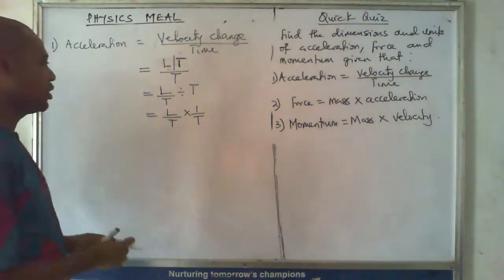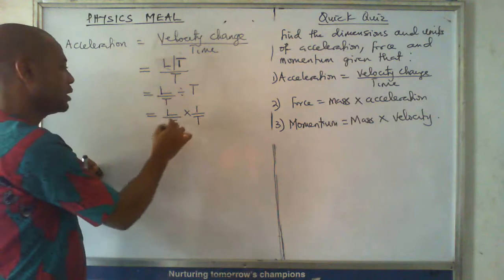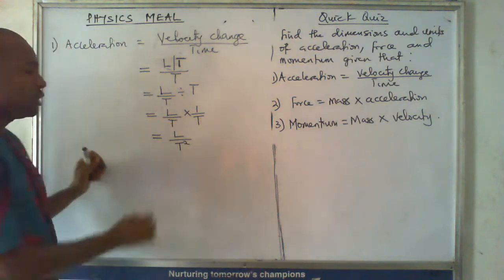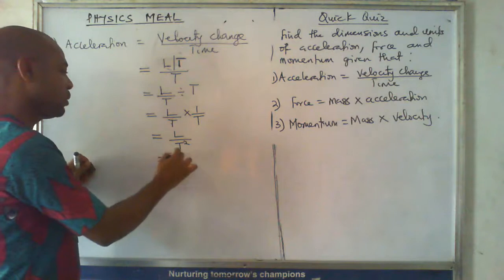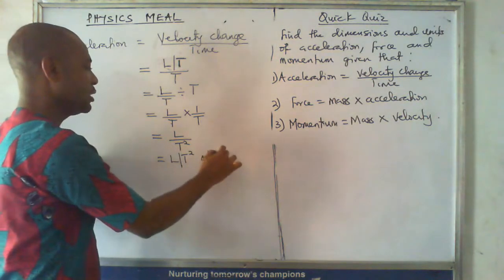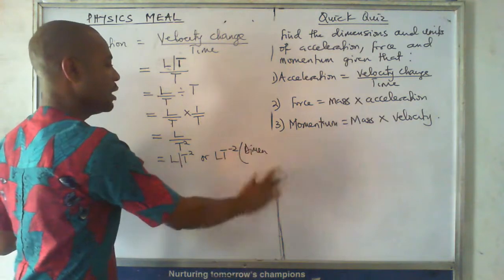That's the principle of fractions. So we have length times 1 is length, time times time will give us time squared. So the dimension of acceleration will be length per time squared. That's the dimension.